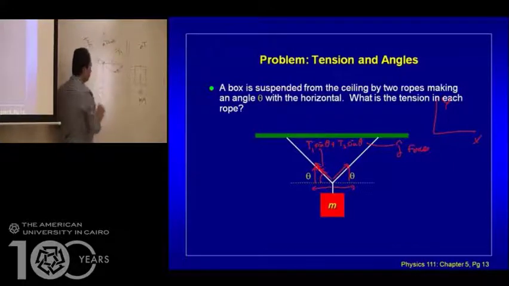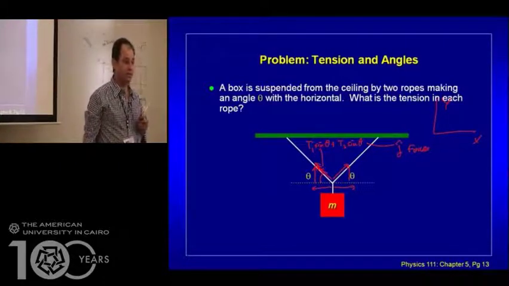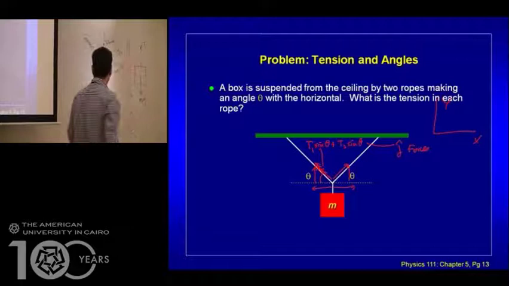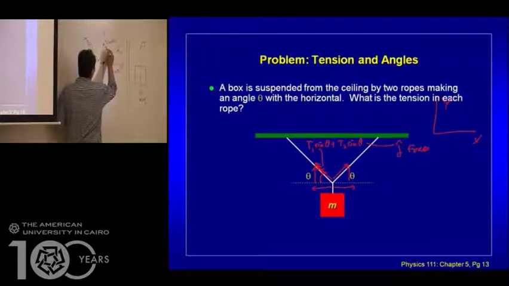The y-axis for T1 and T2 is the same? Yes, it is the same. Then T2 is going to be resolved into two components as well: T2 cosine theta along the negative x-axis and T2 sine theta along the positive y-axis.